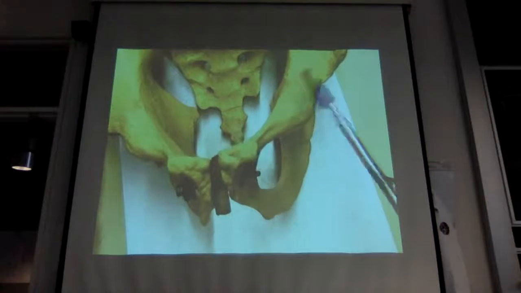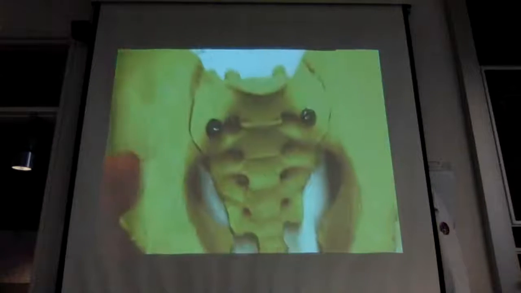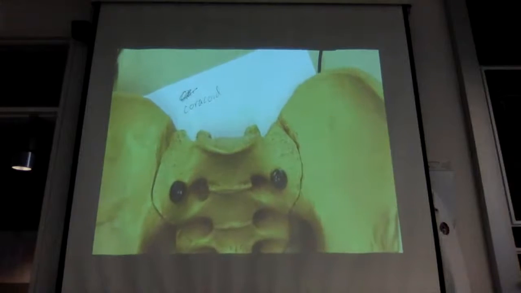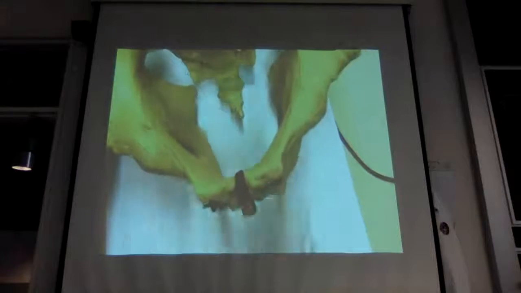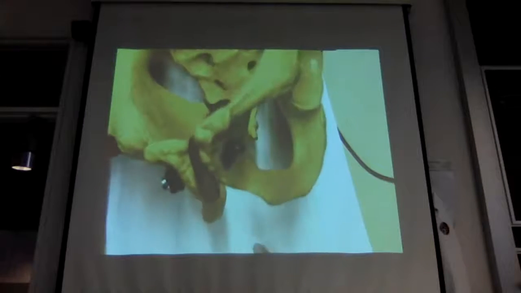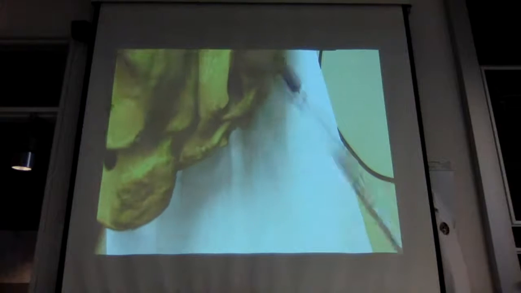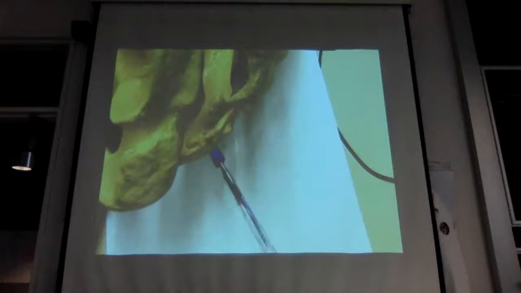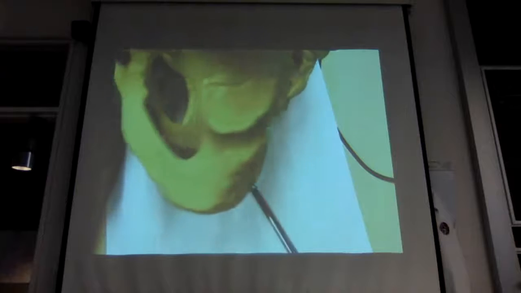Things you want to look for if you're looking for male or female. You want to look at the false pelvis. False is iliac crest. You want to look for the pelvic inlet and pelvic outlet. You want to look at the shape of the sacrum and coccyx. This one curves in a lot. The coccyx is pretty horizontal.